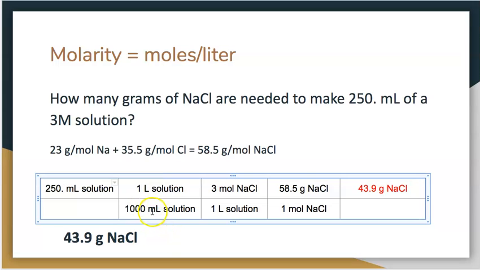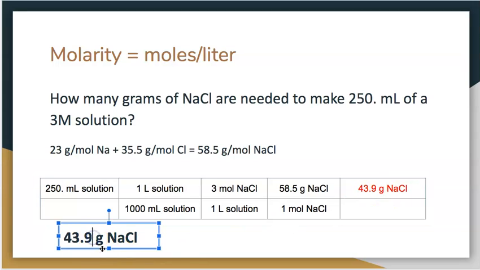Remember that there are exactly 1,000 milliliters in a liter. But my 3 only has 1. My 58.5 also has 3. This 1 is the problem. My answer can't really be 43.9. I need to round it to 1 significant figure, so it really ought to be 40. Notice that I didn't put 40. or 40.0. This is just 40.